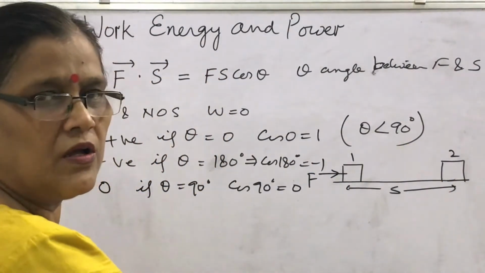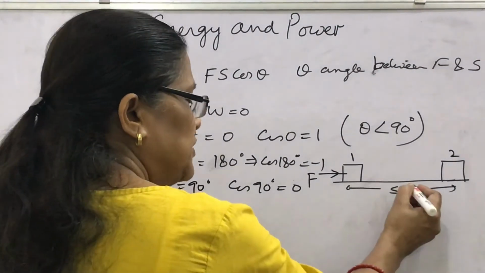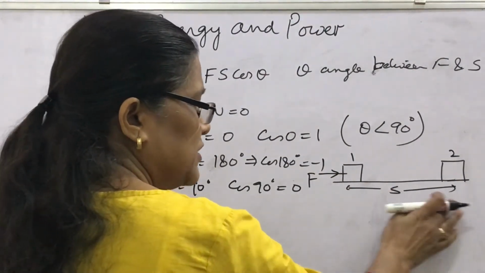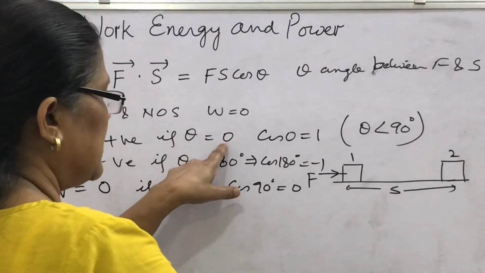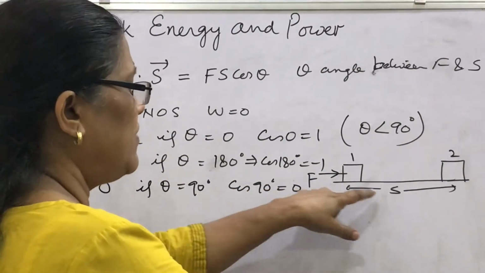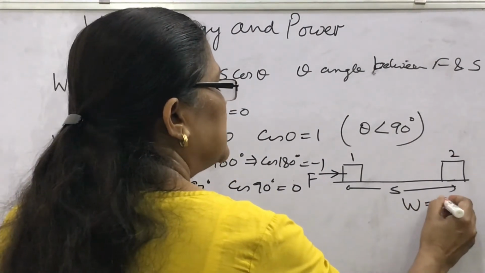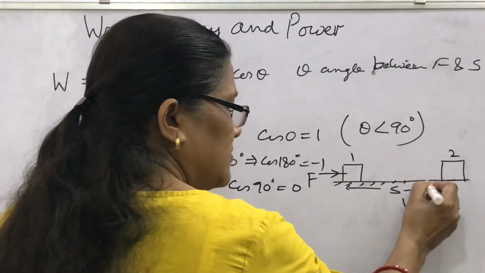Then work done is positive, because the force applied on the object and the displacement are both in the same direction. Then theta is 0. What is the work done by the applied force? F into S.